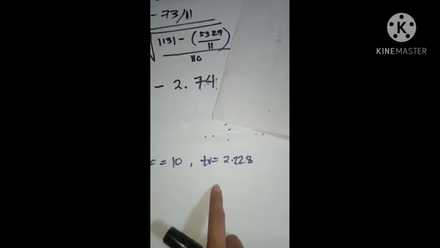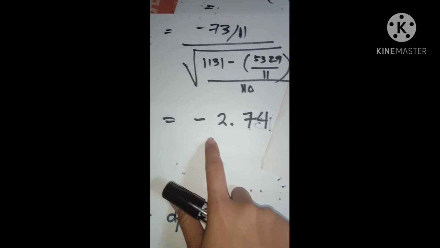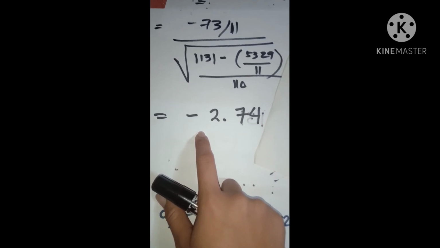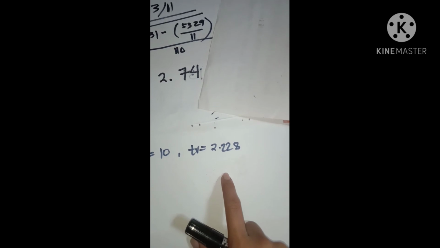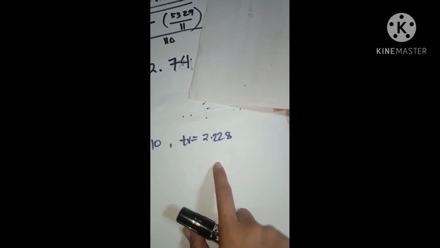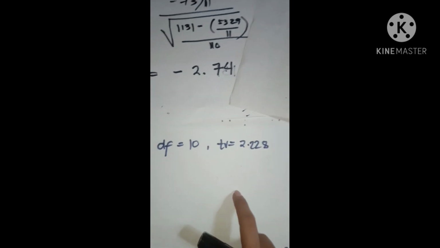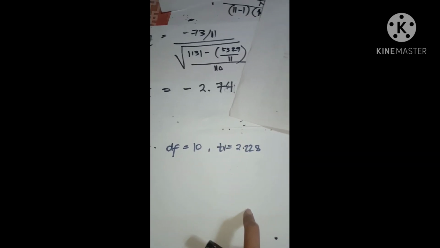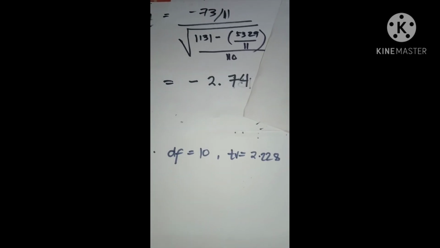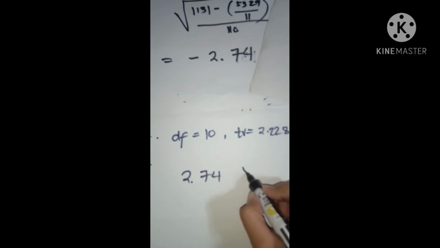The calculated t-value is greater, even though it is negative, because let's set aside the sign. So 2.74 is greater than 2.228. It means we can reject the null hypothesis that there is no difference between the means. So the null hypothesis is rejected because of that data.